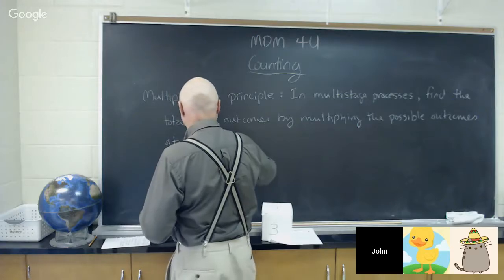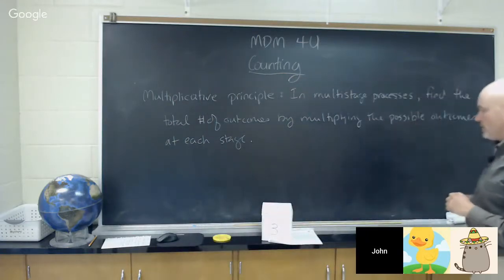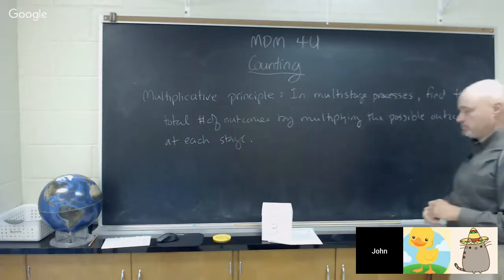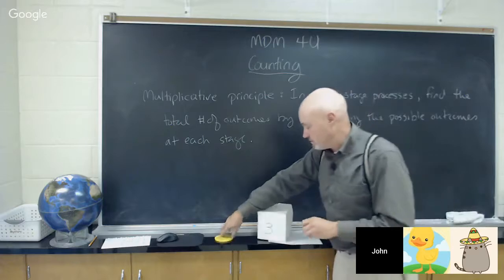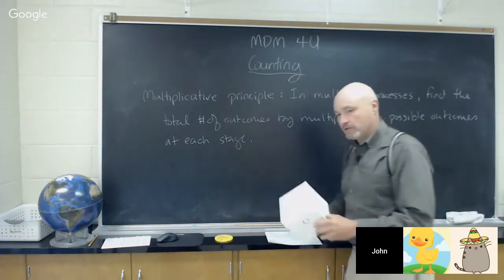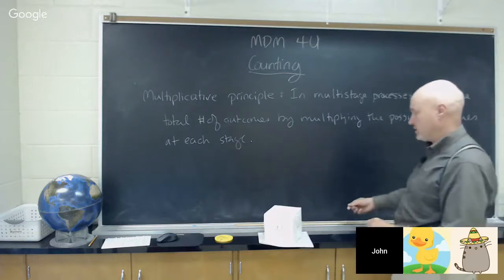And I don't think this is terribly puzzling or alarming to anybody. Stage 1, you're tossing a head or a tail. 2 possible outcomes that can be linked up with stage 2, which is anywhere from 1 to 6.